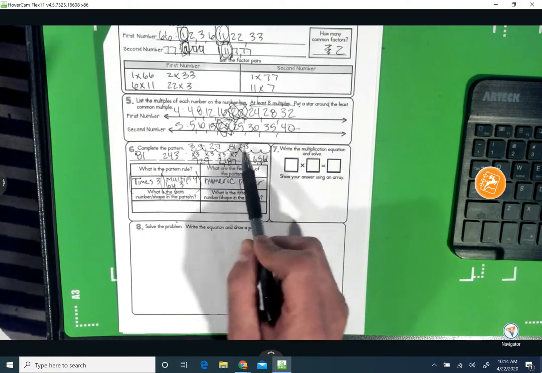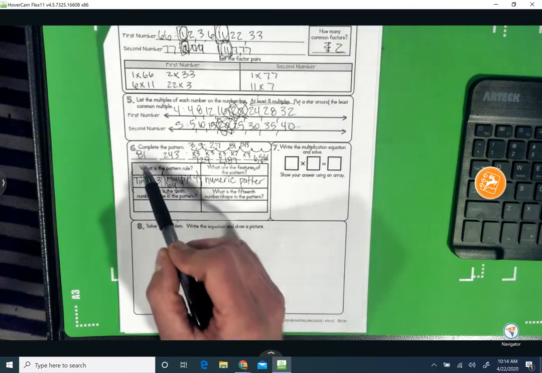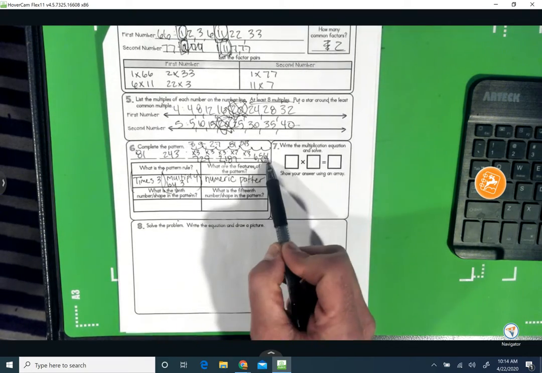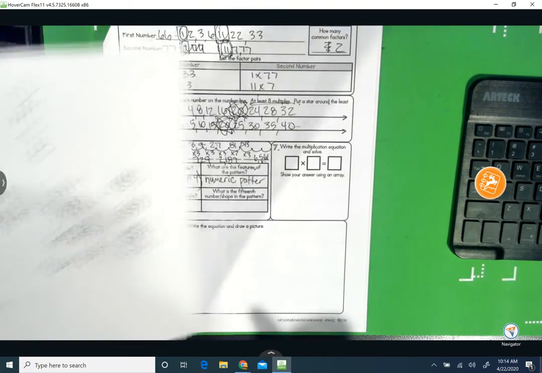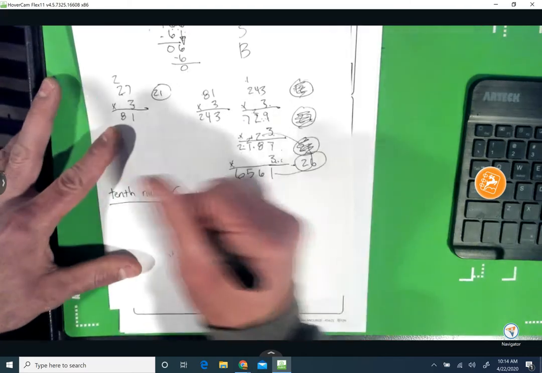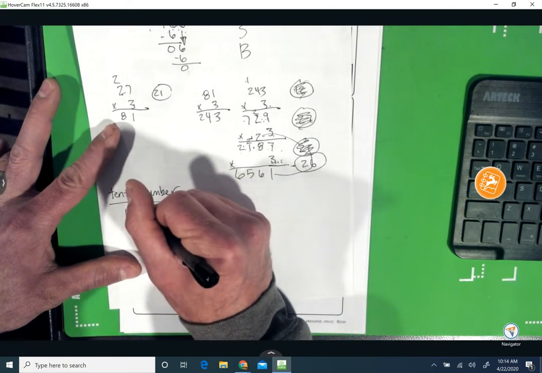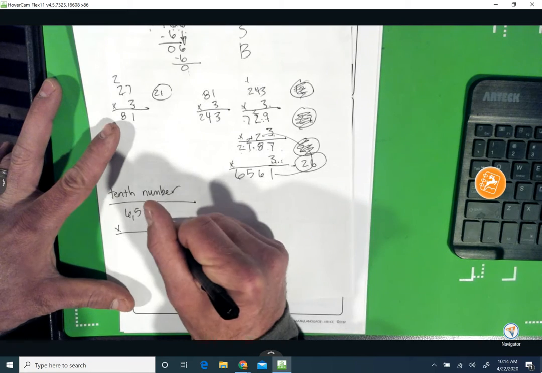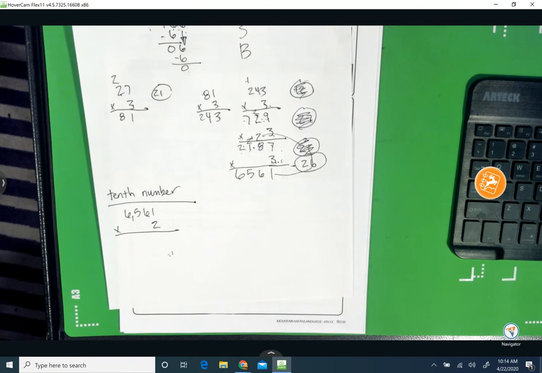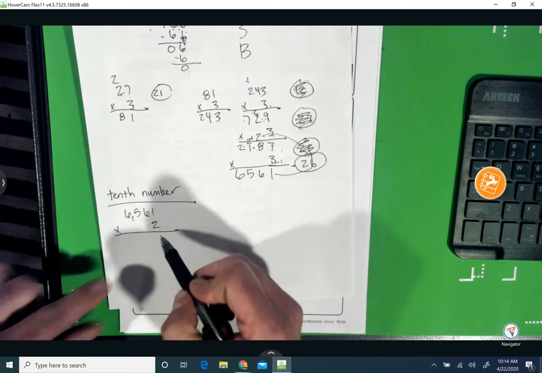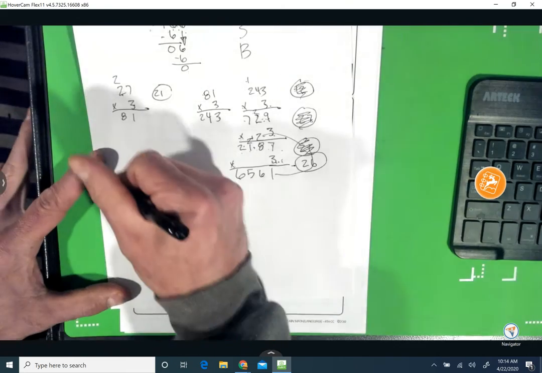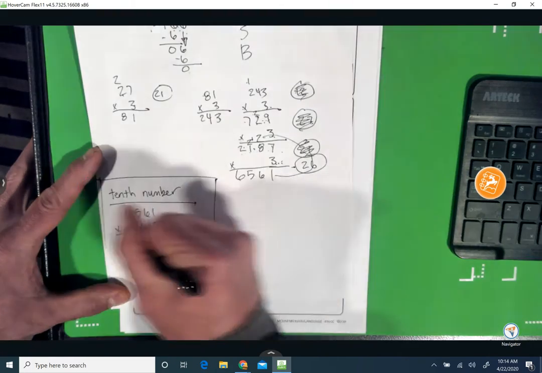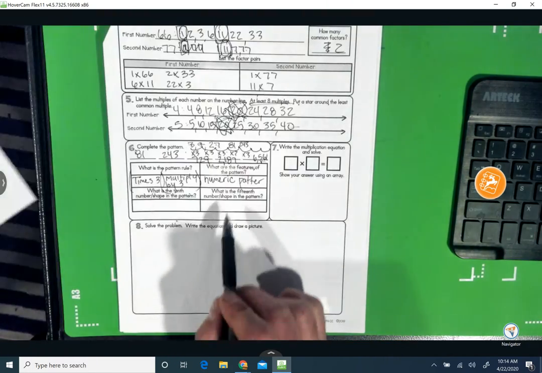I know it's the 8th number, but for our purposes, this is the 5th number in our pattern. We can multiply that 5th number times 2. 6,561 times 2.